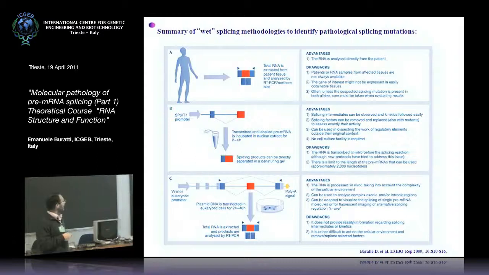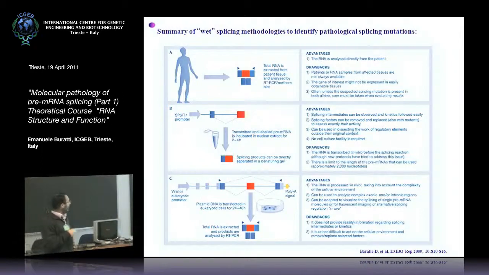And then of course, when you do this kind of approach, you always have to take care of the fact that many of these splicing mutations are present only on one allele, and so you have to take into account when you do an RT-PCR approach to see the defect that the other allele is also being expressed.